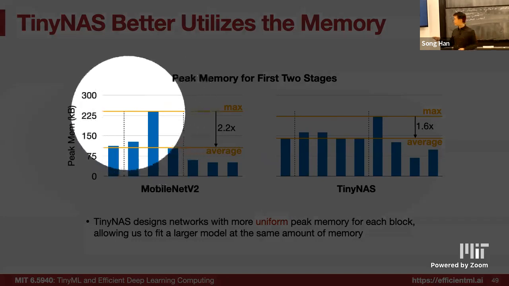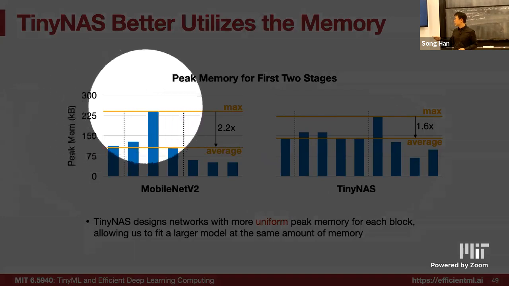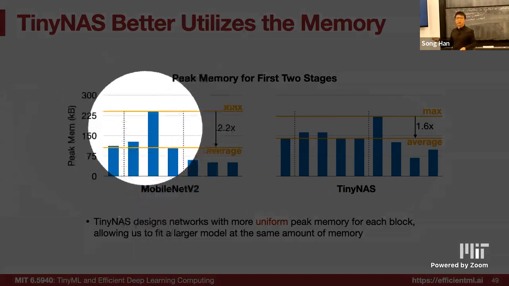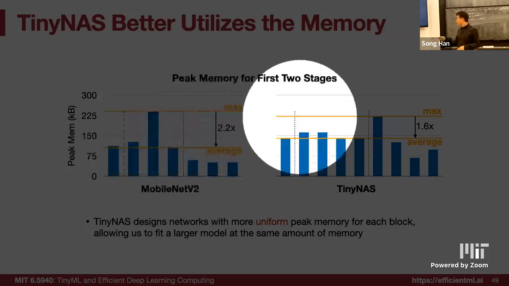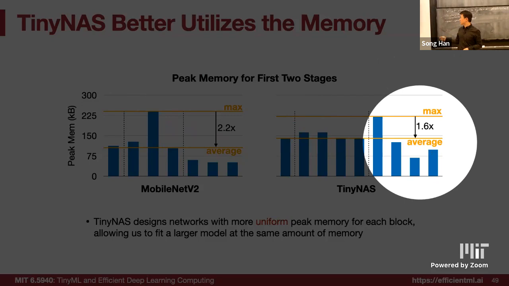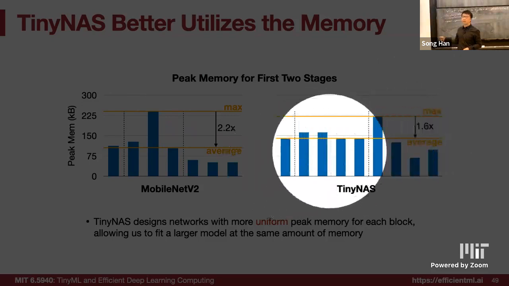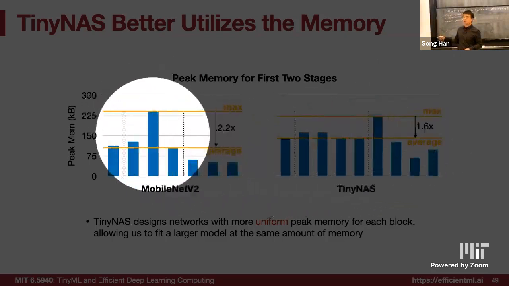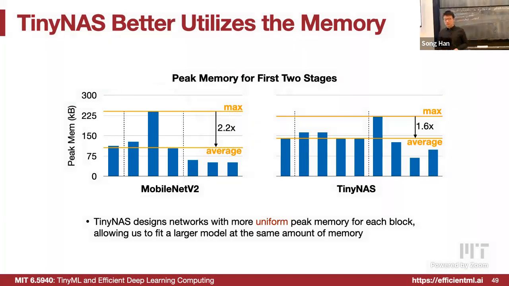You have to have at least this amount of memory so that you can hold this network. Well, the TinyNAS searched model has a smaller gap between the max and average. It's more balanced, versus there is a very big peak. So TinyNAS can design networks with more uniform peak memory distribution for each block, allowing us to fit a larger model at the same amount of memory.